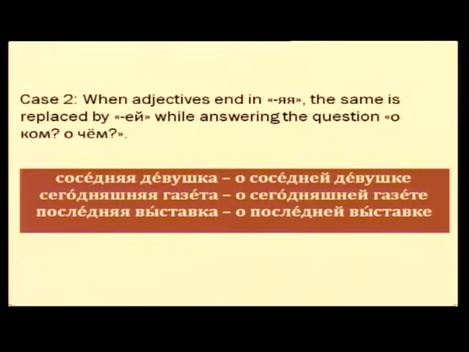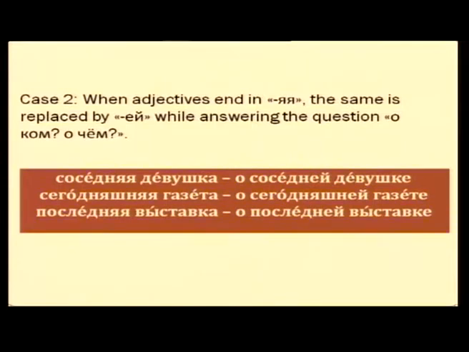Now, as we know that in feminine gender itself, we have certain nouns which end with -яя. These adjectives of such nouns like соседняя девушка, сегодняшняя газета and последняя выставка are being placed. They will be changing accordingly. Let us see how. Соседняя девушка will be changing into о соседней девушке.